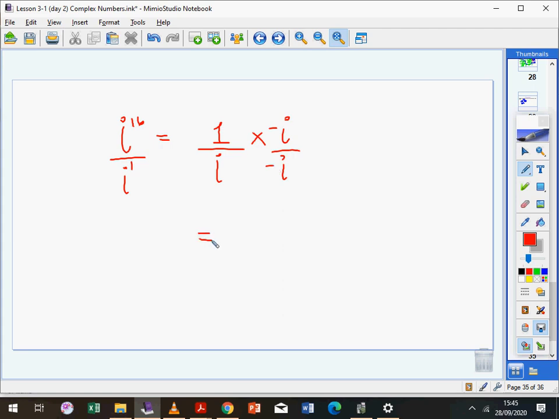Then in the numerator, 1 times negative i is negative i. In the denominator, i times negative i is negative i squared. But again, in the denominator, negative i squared is the negative of negative 1, because i squared is negative 1, which is just positive 1. So you still end up getting negative i. So yeah, I may have said so many things to do something simple, but just trying to show you how you can approach it different ways.